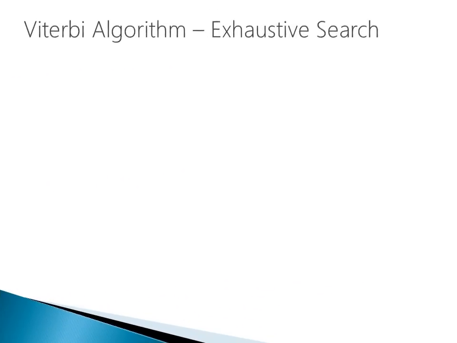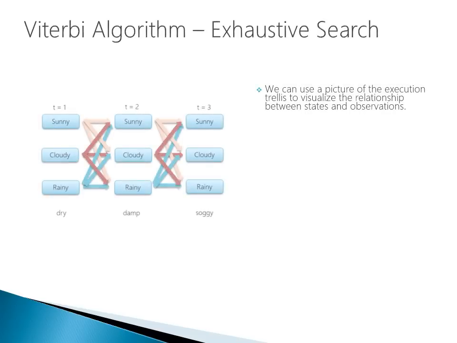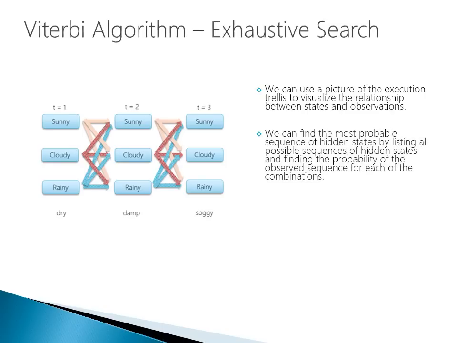As with our example with the forward algorithm, we're going to dive into the statistics in a very similar way with the Viterbi. We can use a picture of the execution trellis to visualize the relationship between the states and the observations. We can find the most probable sequence of hidden states by listing all possible sequences of hidden states and finding the probability of the observed sequence for each of the combinations.